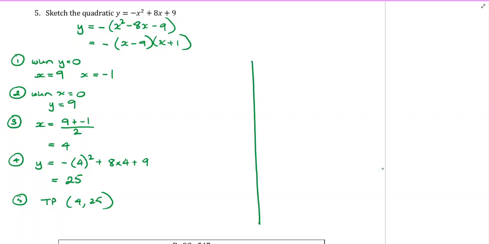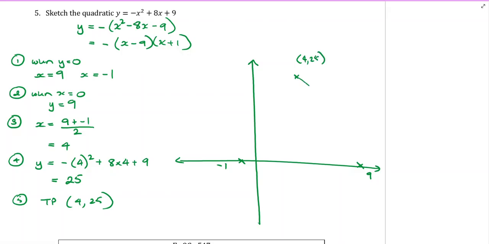Okay, drawing that information. Let's start with our intercepts. We have minus 1 and a positive 9. And we have a turning point at 4, 25, so somewhere way up here will be 4, 25.